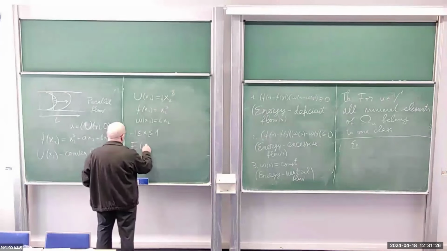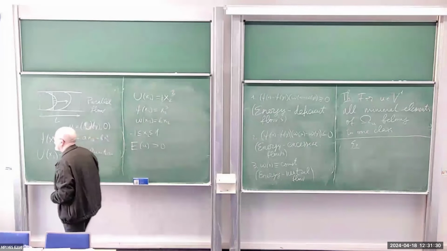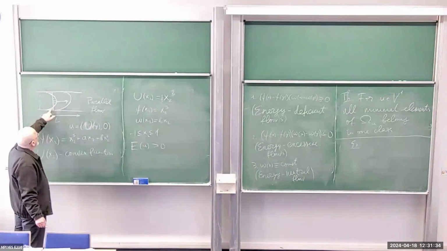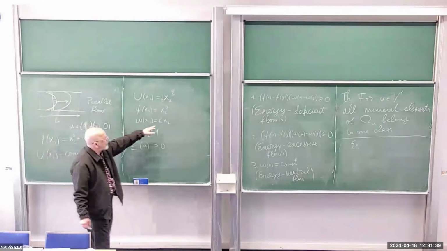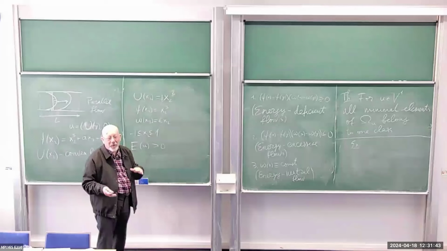Here, definitely more than 0. But if we mix the vorticity, which is 6x², and take the average from -1 to 1, then it is 0.